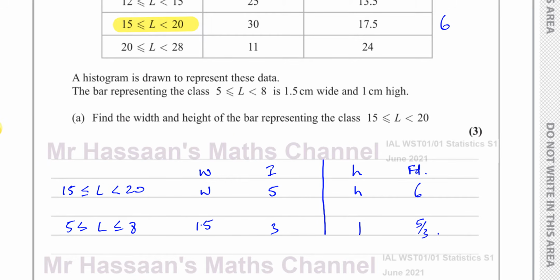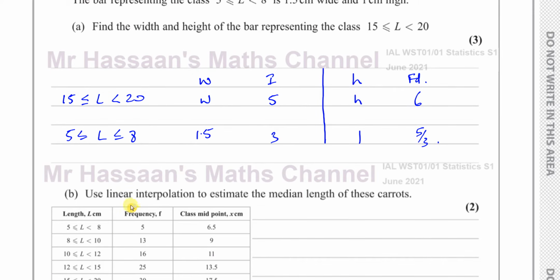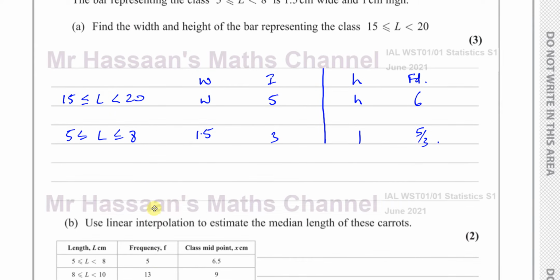So with this, we should be able to find what we need. Now I can basically use proportion. An interval of 3 is represented by 1.5 centimeters, so an interval of 5 is represented by W centimeters.